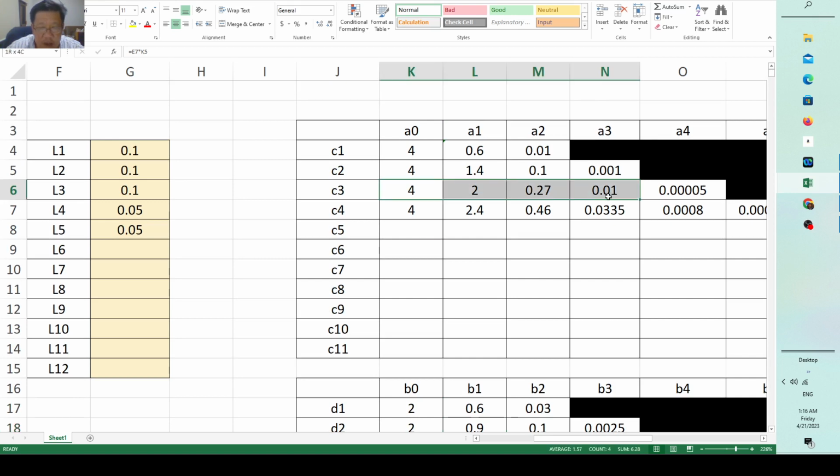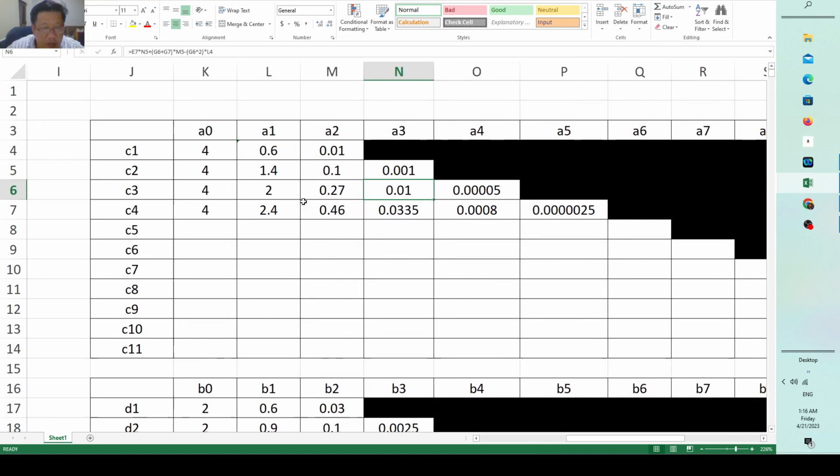This is the formula first, and to update for the C4 here is quite easy, because for the last one we just make a copy row by row to this row, and then update the formula from here to here.